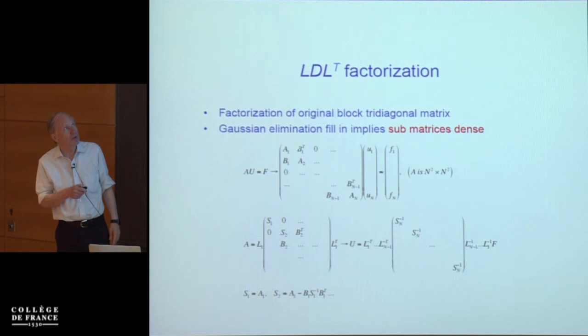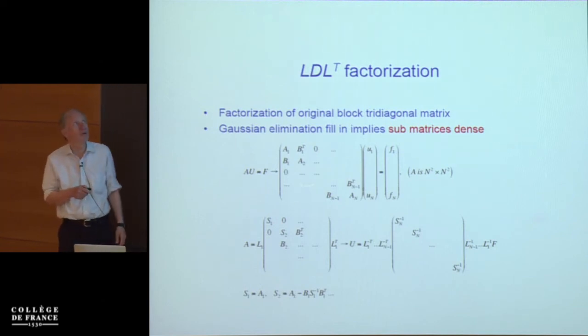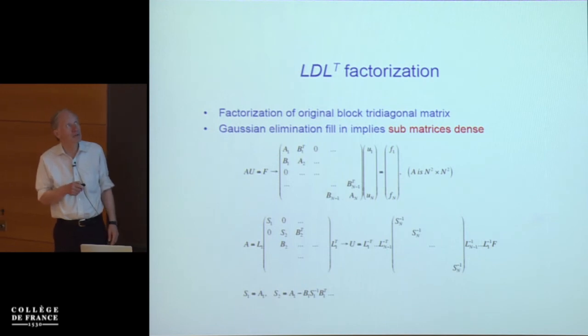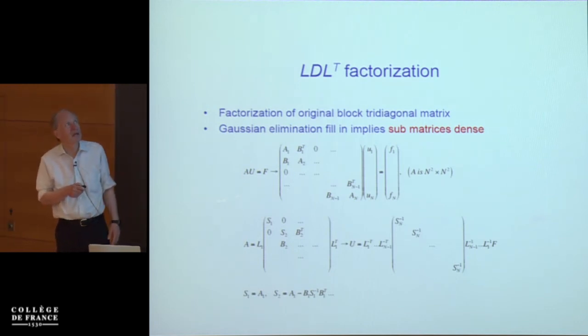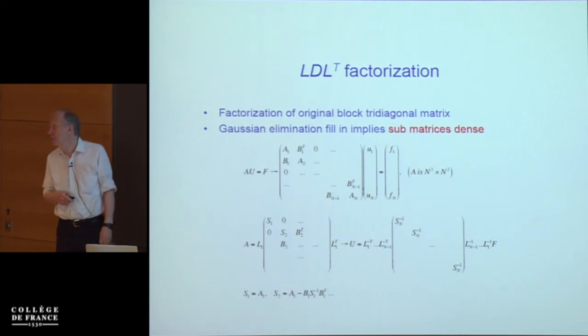So if you do that, you have the original matrix, which is a sparse matrix, and write it, let's say, with a 5-point formula. So even these blocks are extremely sparse. The B's are just diagonal, and the A's are tridiagonal. But when you do the Gaussian elimination piece by piece here, LU or LDL representation, then you get fill-in.